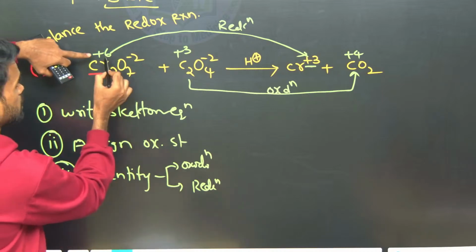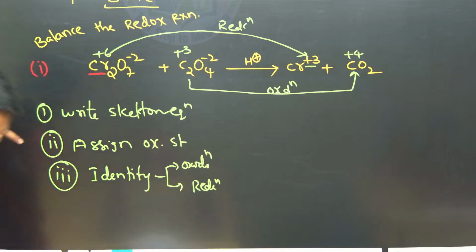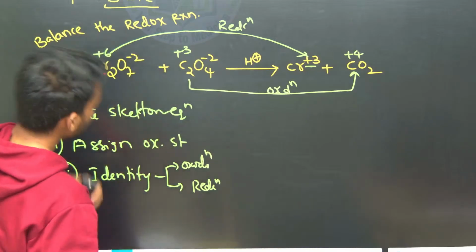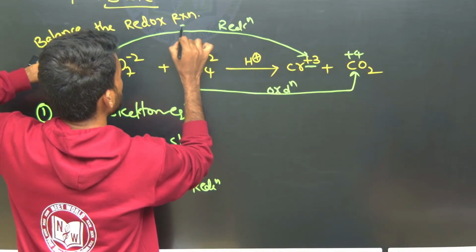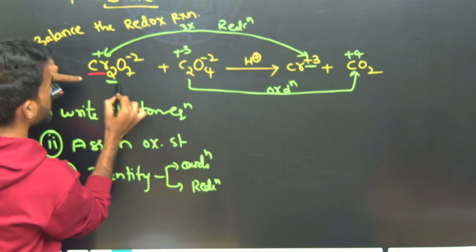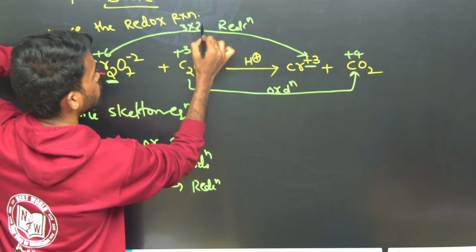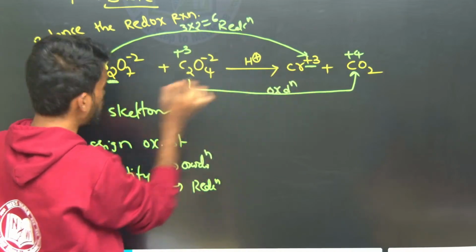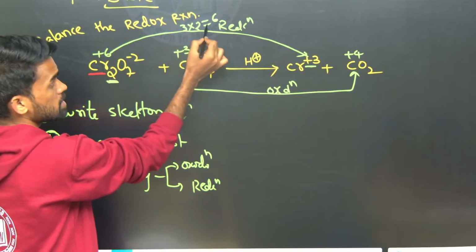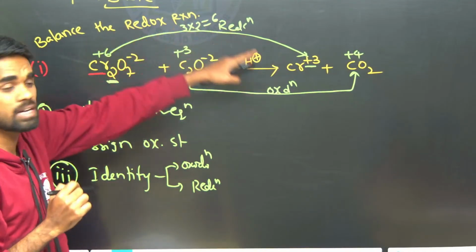See, plus 6 is converting into plus 3, so it means 3 electrons. How many chromiums are there here? 2 chromiums, so 2 times 3 is 6. So a total of 6 electrons are gained during the reaction.